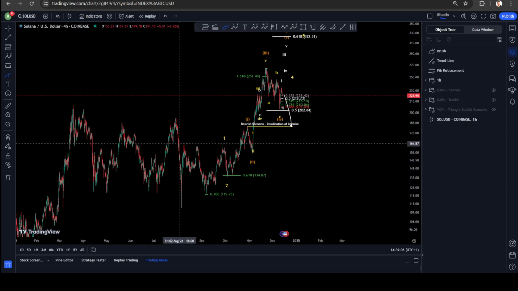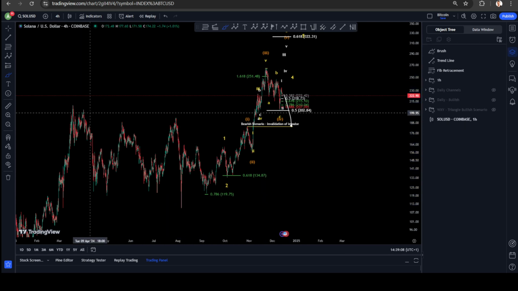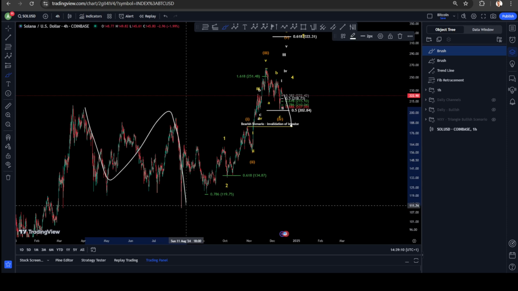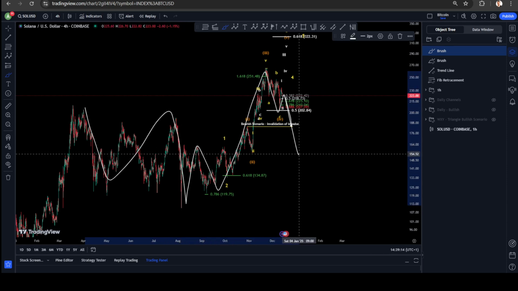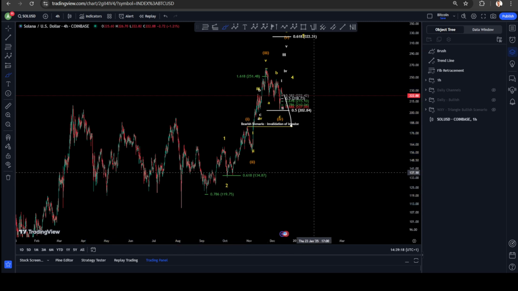And then after these 3 corrective waves, A, B, C as well, 3 waves towards the upside, then 5 waves toward the downside, and that means we might come back to this low here, to this correction.